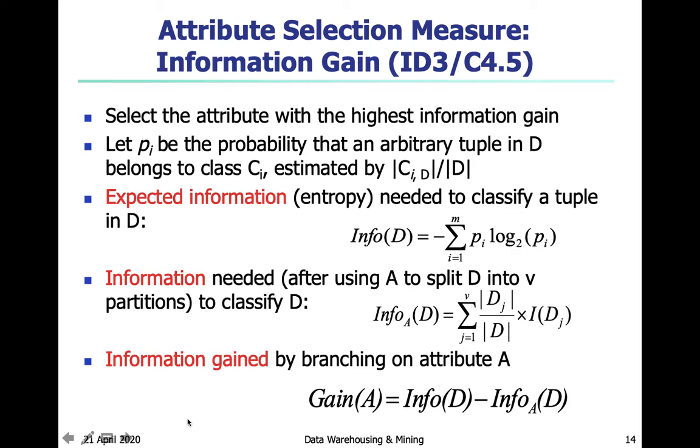Suppose the class label attribute has m distinct values, defining m distinct classes, Ci, where i ranges from 1 to m, and let Ci,D be the set of tuples of class Ci in D. Mod D and mod Ci,D denote the number of tuples in D and in Ci,D.